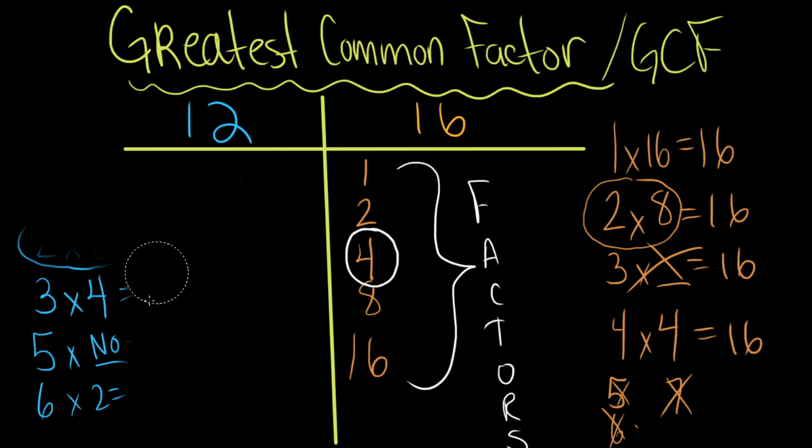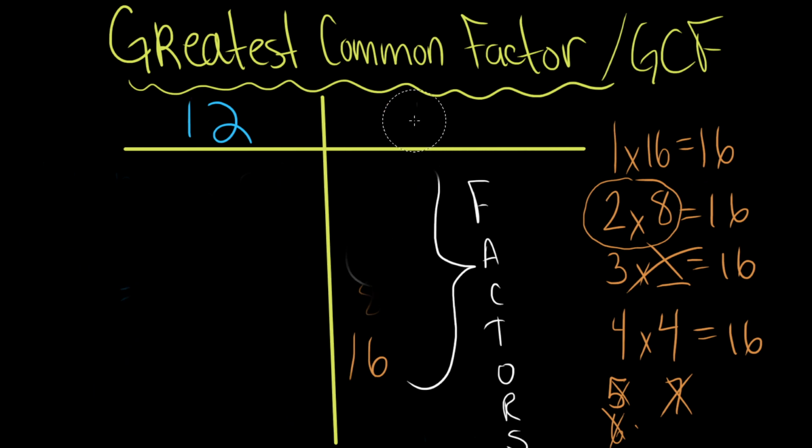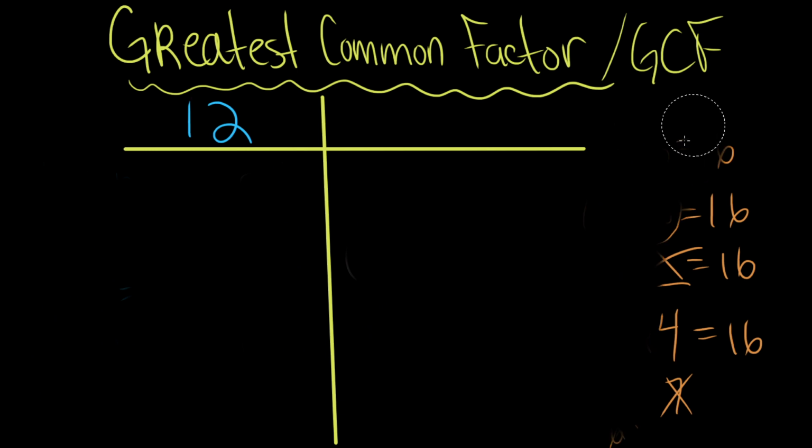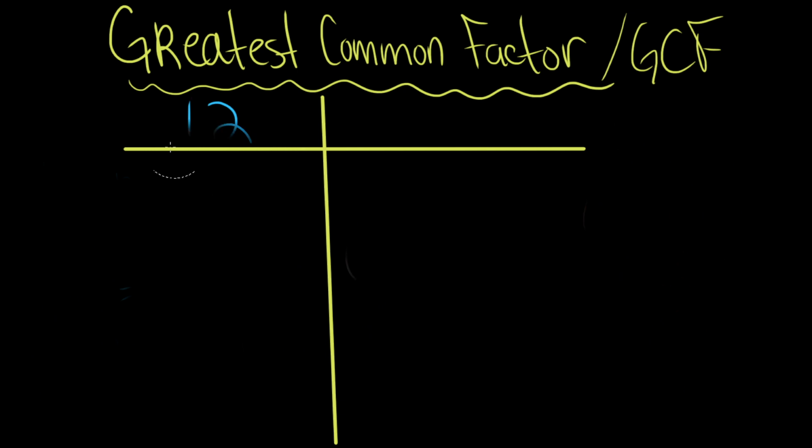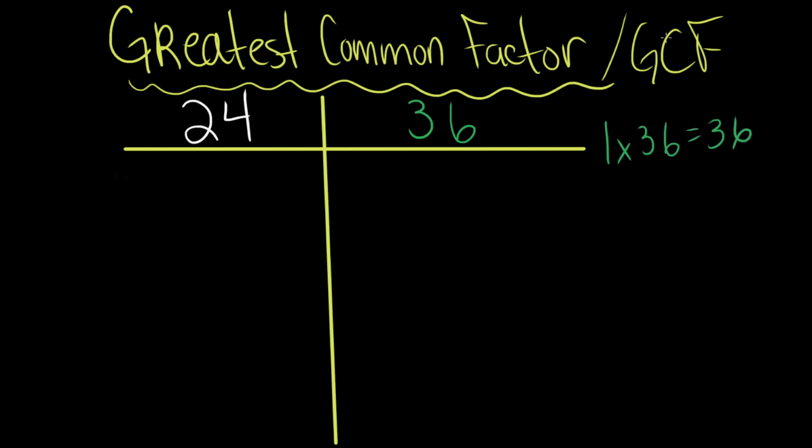Let's do two different numbers so you really see how to go about this. Let's do maybe a little bit bigger. Let's do the greatest common factor of 24 and 36. All right, let's start with 36. Well, we have 1 times 36 equals 36.